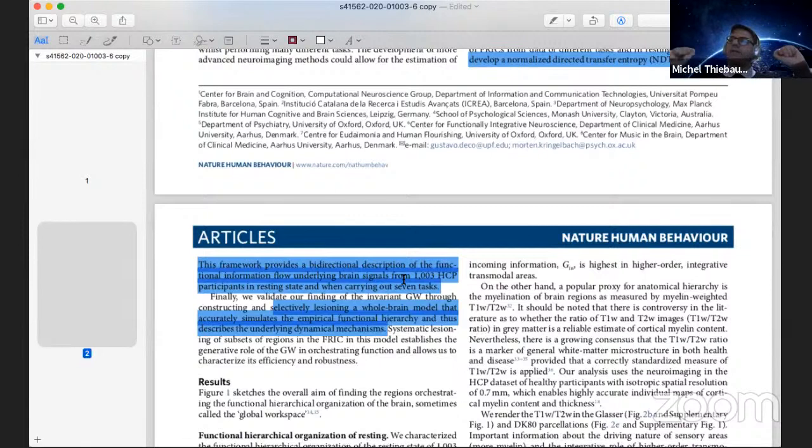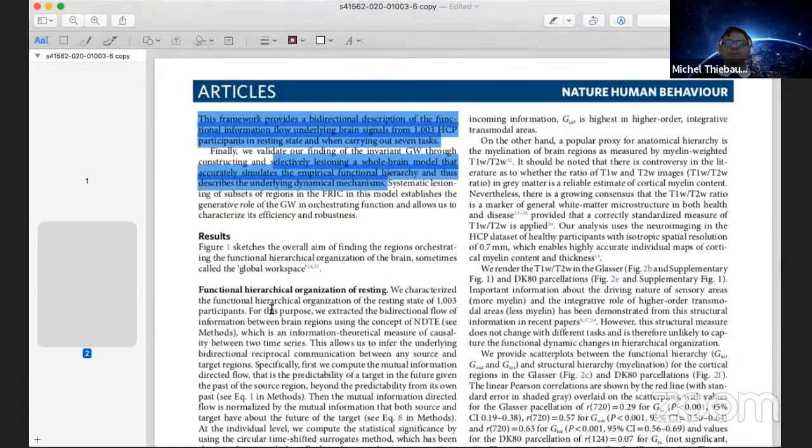And do you have isolated networks that can process information in a loop and get modified by outside networks so you can update your loop and your representation, as I was saying. And then later on, you'll see that once they define the model, they also model virtual lesions inside this hierarchy and try to see what is going on.